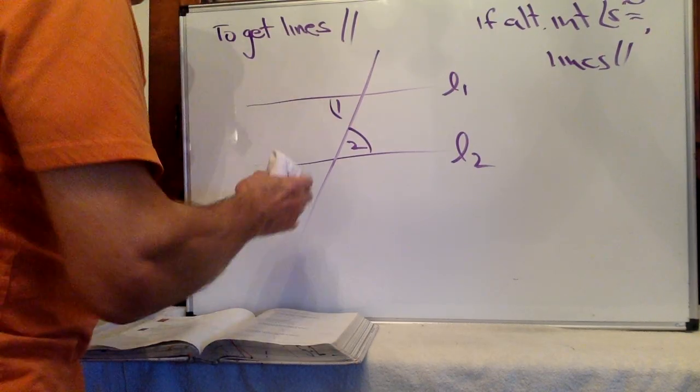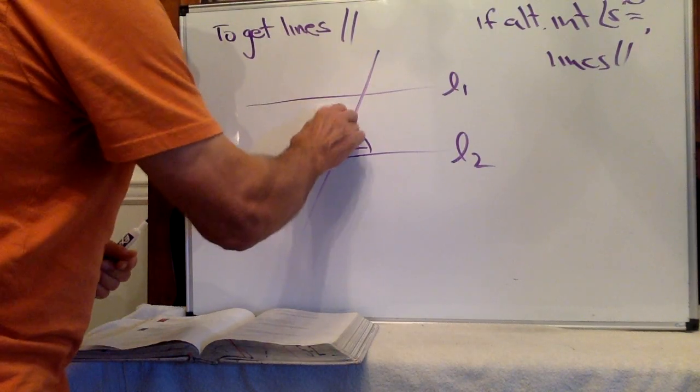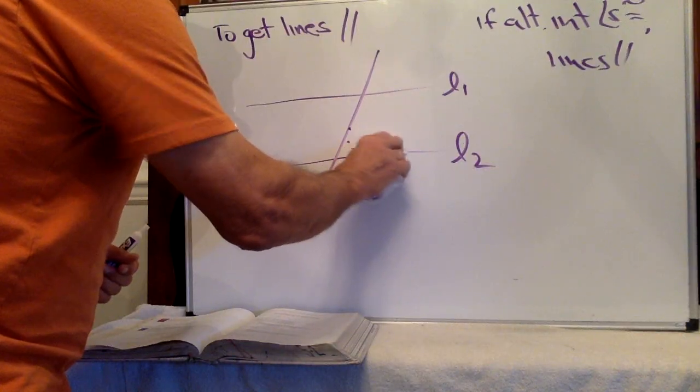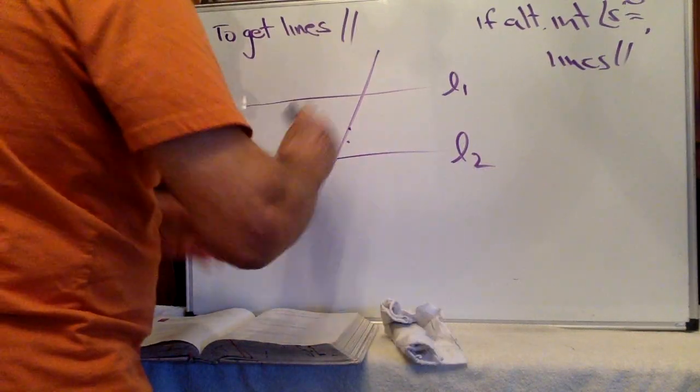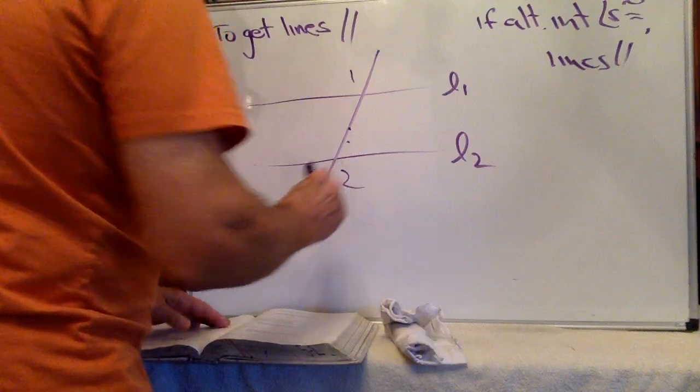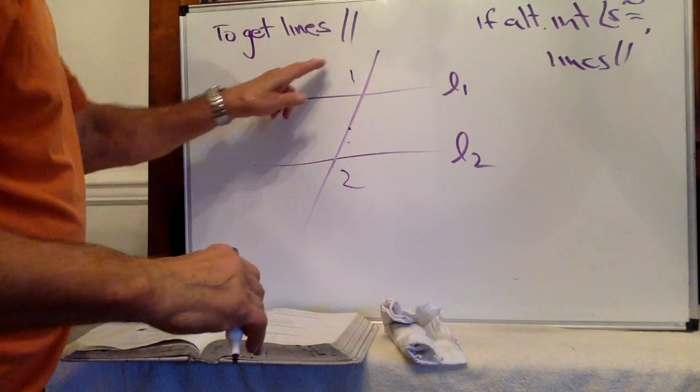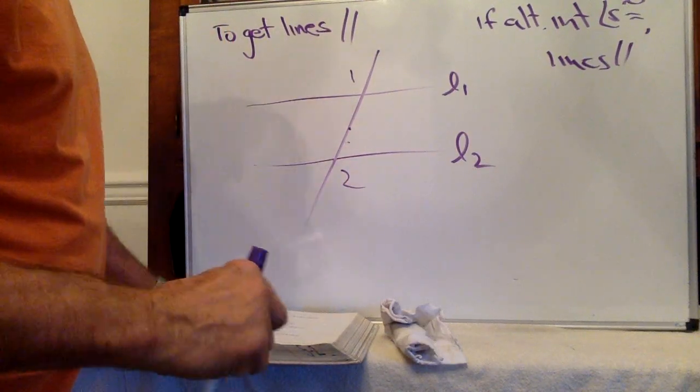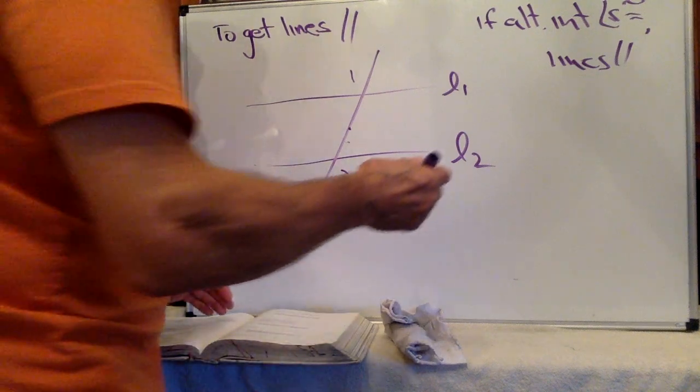Second method. Hopefully you remember, 1 and 2 are alternate exterior angles.